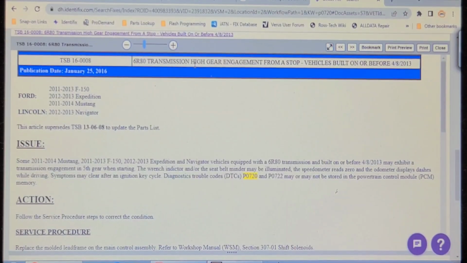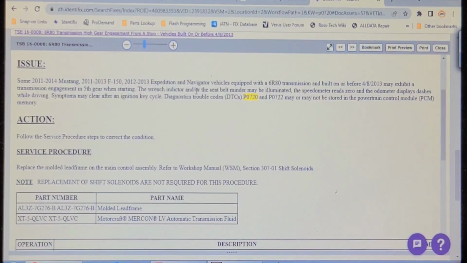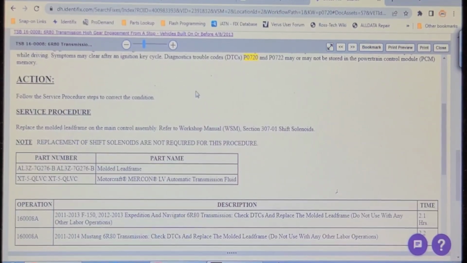The wrench indicator and/or seatbelt reminder may be illuminated. The speedometer reads 0 and the odometer displays dashes while driving. Symptoms may clear after an ignition key cycle. Diagnostic codes 720 and 722 may or may not be stored in the PCM. Replacement of the shift solenoids is not required.